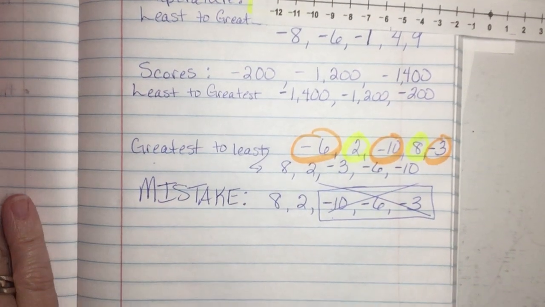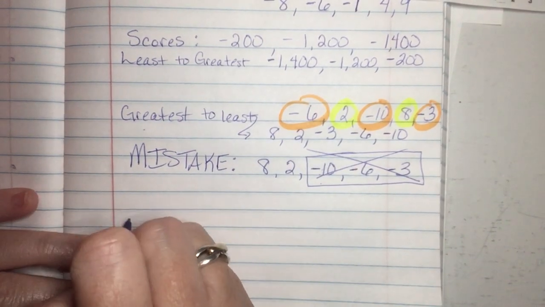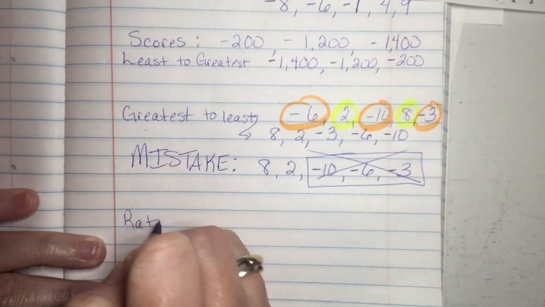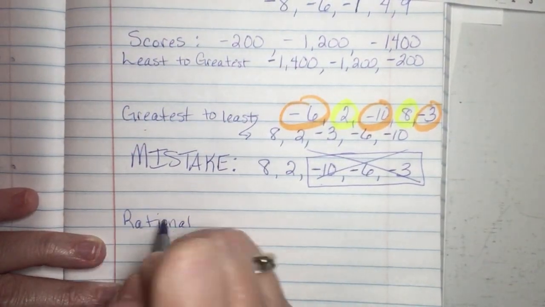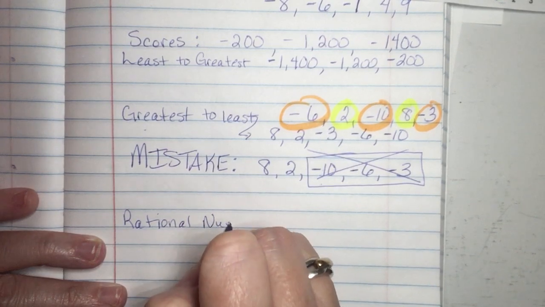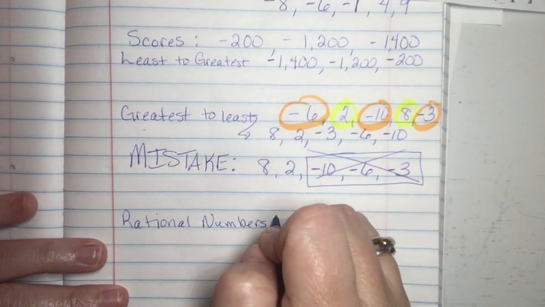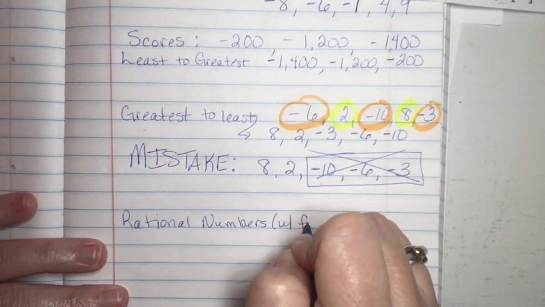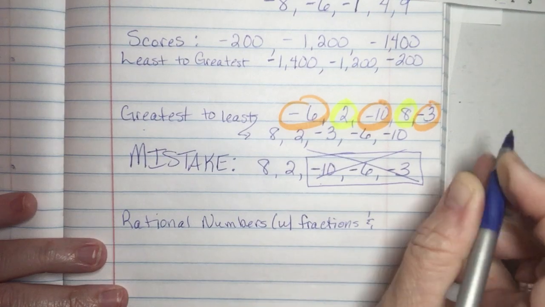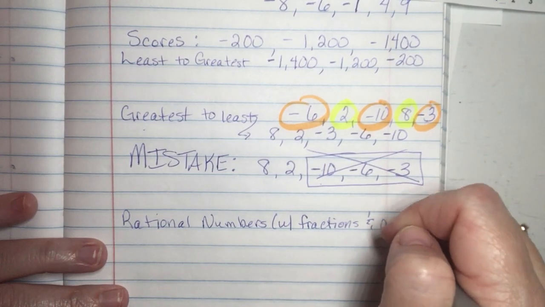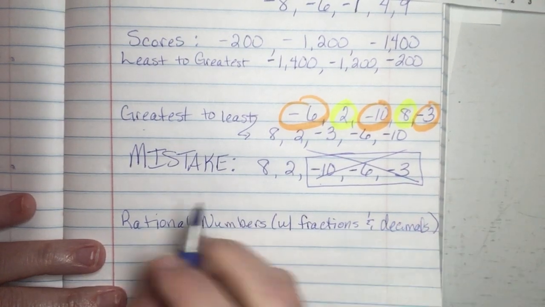All right, now, just a little side note. When we have rational numbers, now, yes, all of these are rational, but when we have rational numbers, that means they have fractions and decimals, right? We order it the same way. Okay?